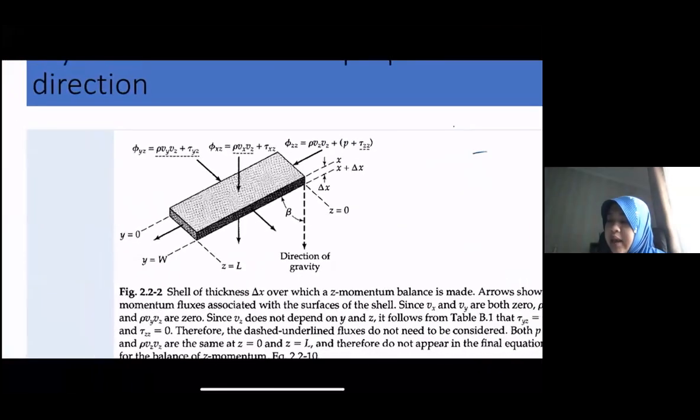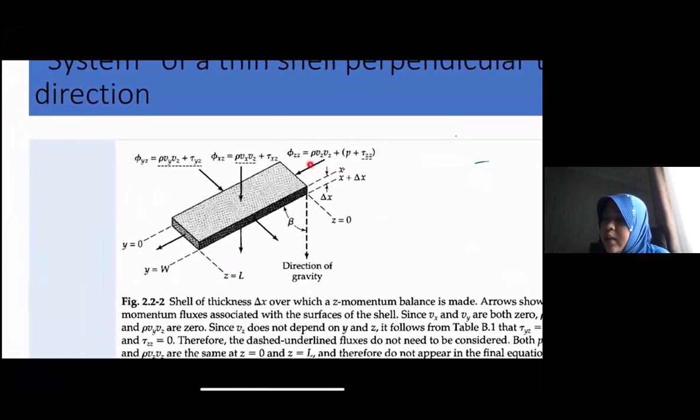It starts at x and ends at x plus delta x, and it starts at z equal to 0 and ends at z equal to L. You can imagine a very thin wafer with thickness delta x, width W, and length L.